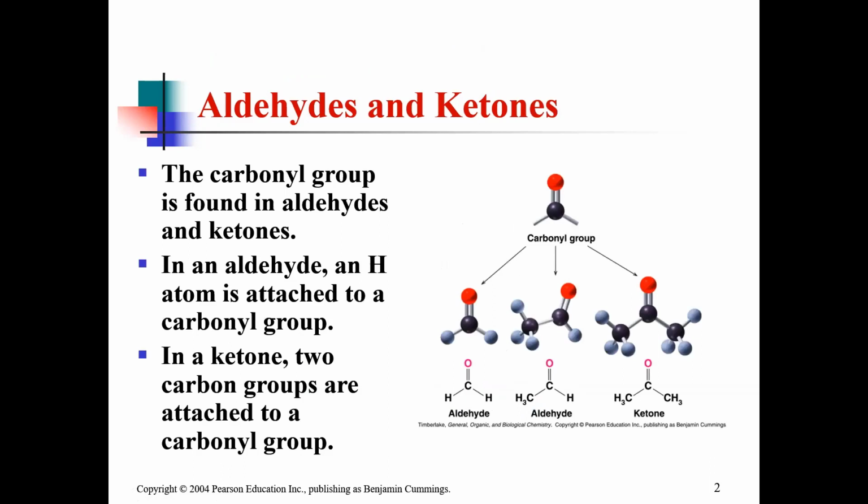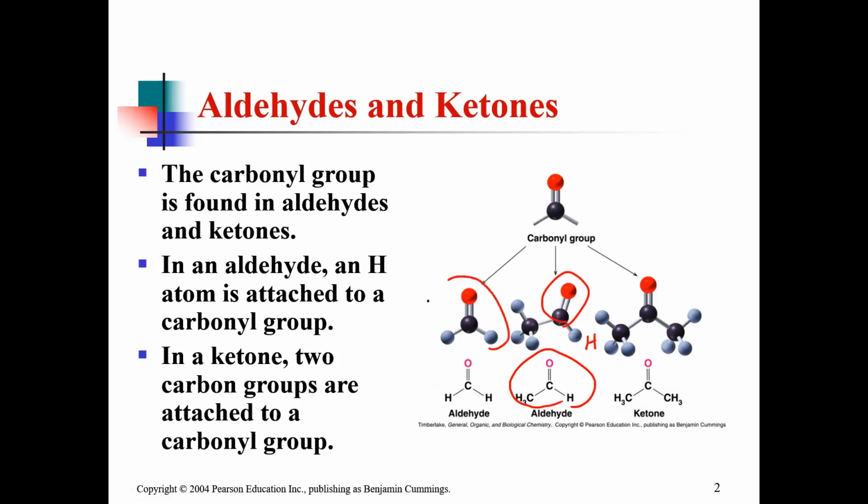So let's look at some of the examples of aldehyde. This is ketone. This particular ketone is called acetone. So it has got a carbonyl group which is connected to two carbons. And this is called an aldehyde because the carbonyl group is connected to one hydrogen.